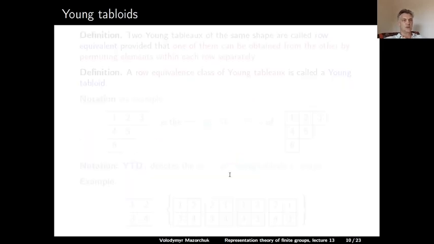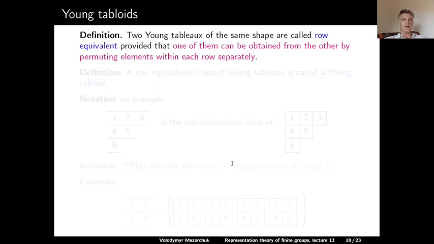Next, let us talk about Young tabloids. Two Young tableaux of the same shape are called row equivalent, provided that one of them can be obtained from the other one by permuting elements within each row separately. Definition: a row equivalence class of Young tableaux is called a Young tabloid.